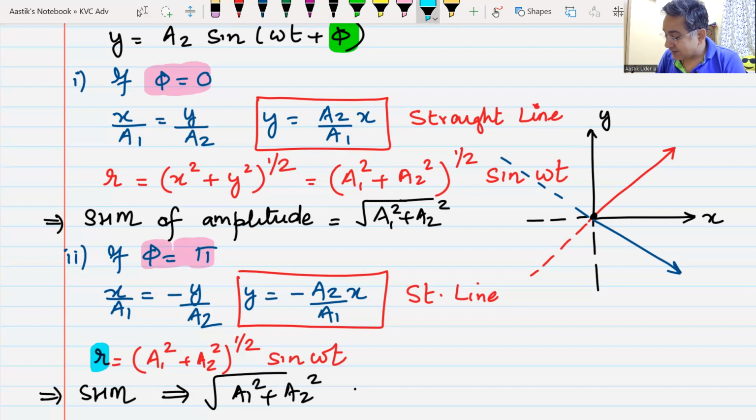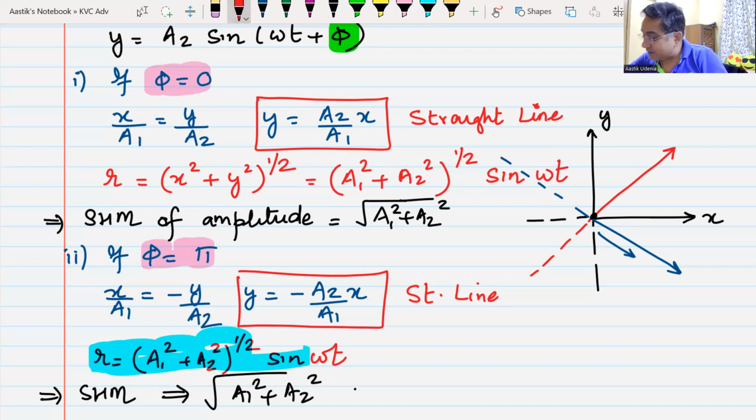What you have to understand is it is giving you the value of r from the mean position. This SHM, the blue SHM, is going to give you the position of r along this line, and the upper one will give you r along this line. Are you getting my point? It is the r.